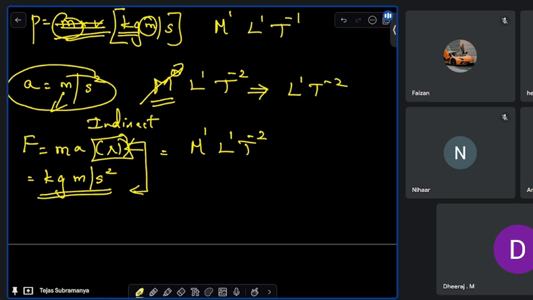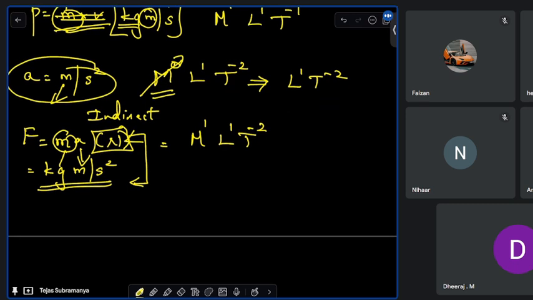I write MA as it is, and based on mass, I write kg. Based on acceleration, I write meter per second square because I knew both of them. Now, whatever I derived, I'll write the dimensions based on what I found right now, not based on what they give. So this will be called the indirect method. The indirect method is useful for a lot of things. Just like this, I'll give you one more thing.